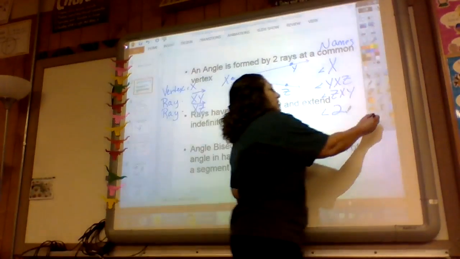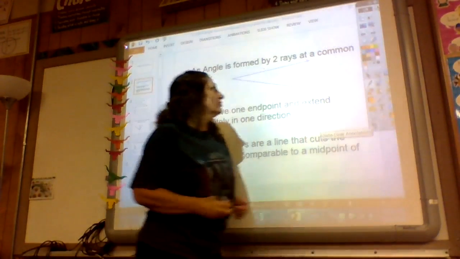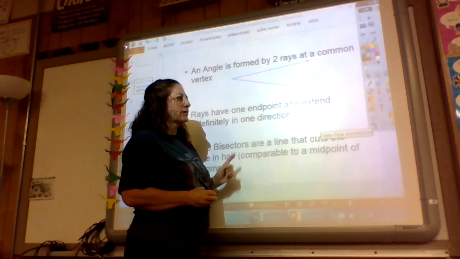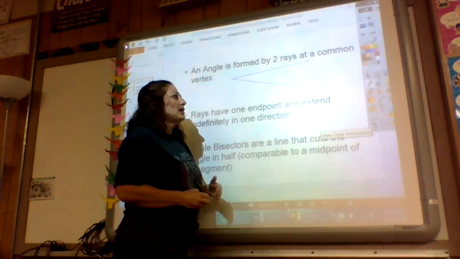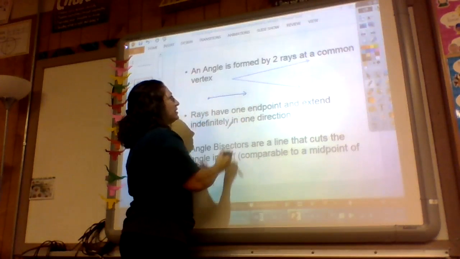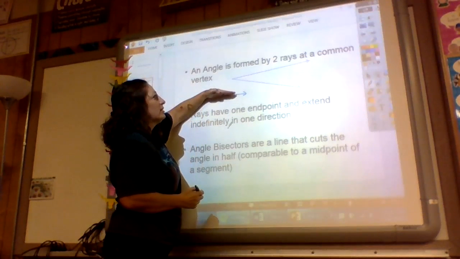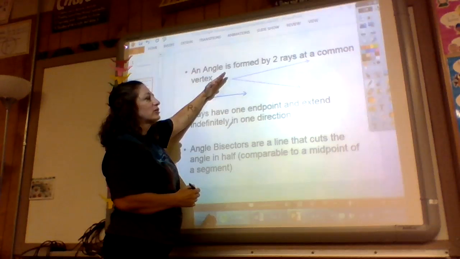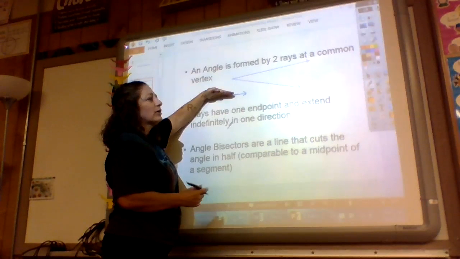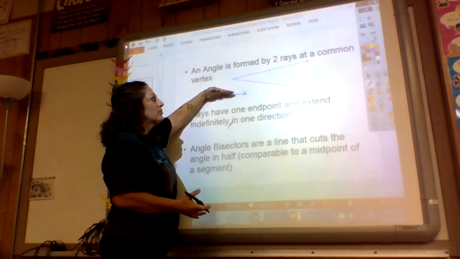Okay. So an angle, let me just start with this. We're going to talk about the different kinds of angles on the next page or on the next slide. But an angle is simply a ray that has a starting ray and then another ray that moves a certain number of degrees. So our degrees help decide how big the angle is.